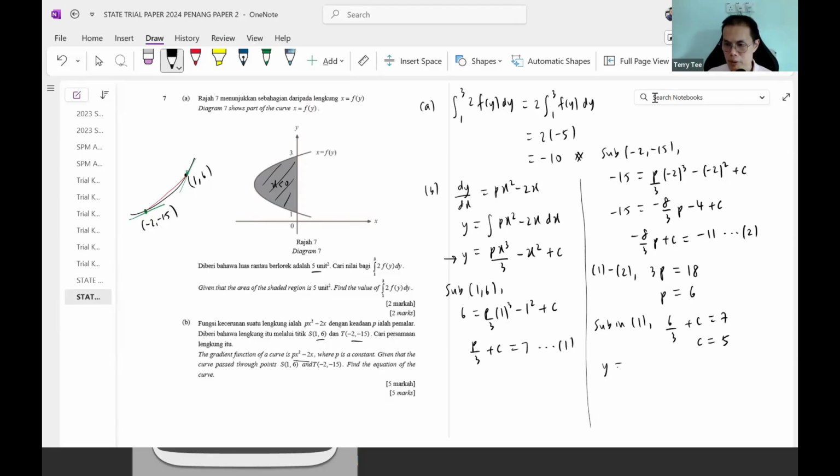My y is, p is 6, 6 divided by 3, x cubed minus x squared, my c is 5. Let us rewrite here, this is 2x cubed minus x squared, plus 5. Okay, that's your equation of the curve.